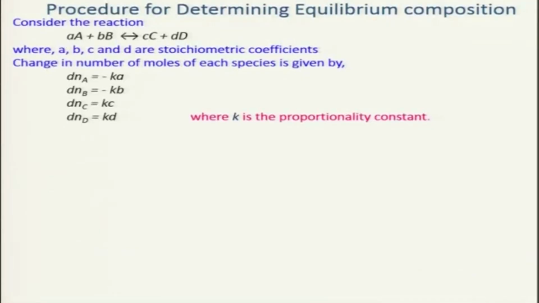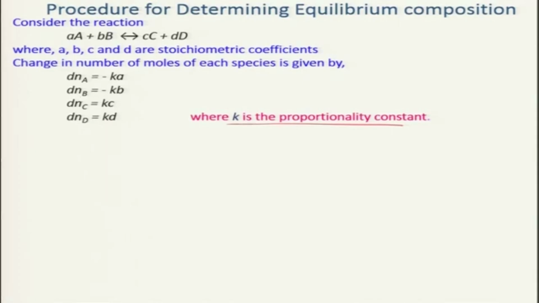So, let us consider a moles of species A reacting with b moles of species B, going to c moles of product C and d moles of product D. The change in the number of moles for each species will be dNA equal to minus Ka, where K is the proportionality constant, and similarly dNB equal to minus Kb, dNC equal to Kc, and dND equal to Kd.